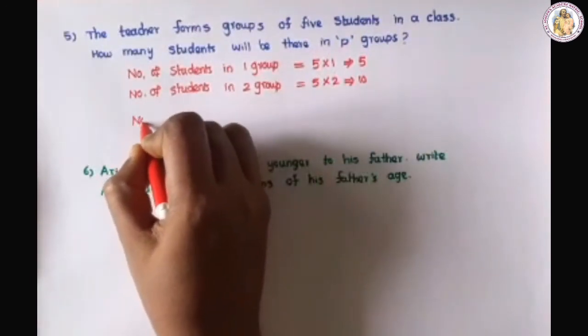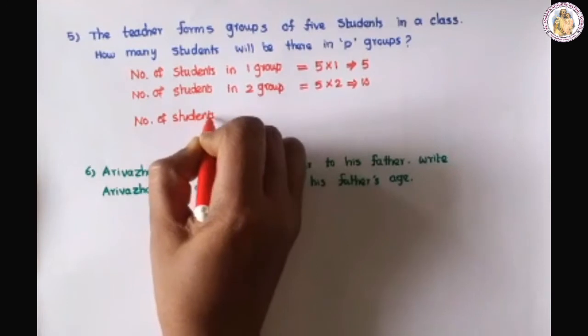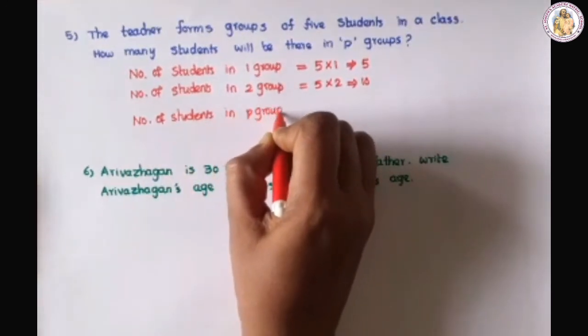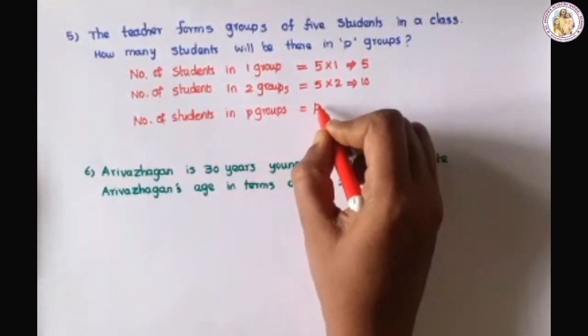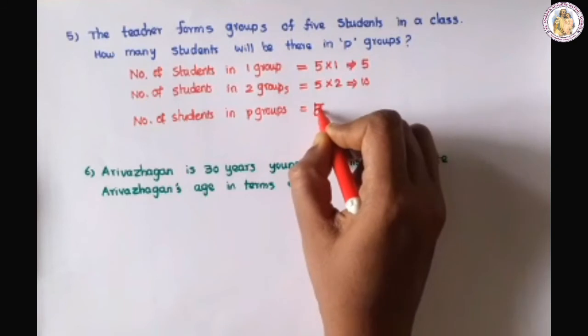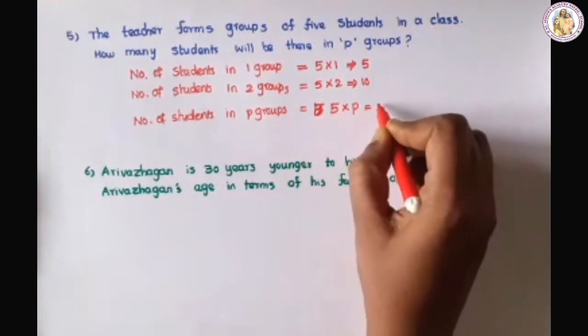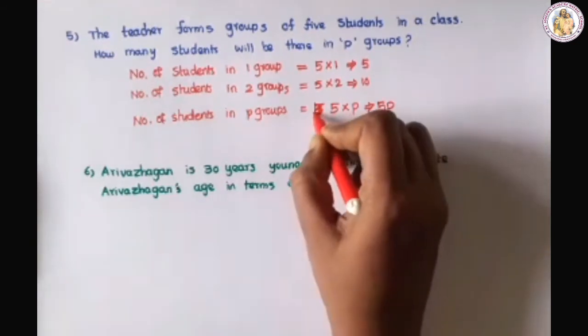So, number of students in P groups. So, 5 into P equal to 5P. That is the answer.